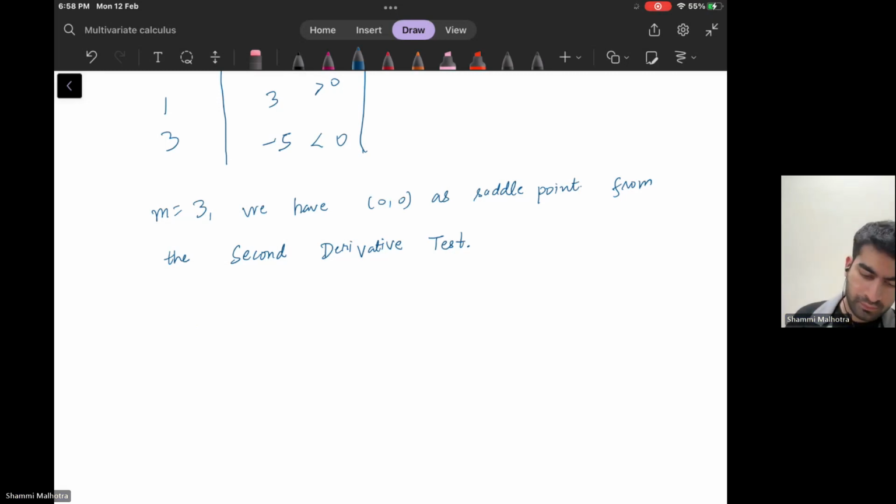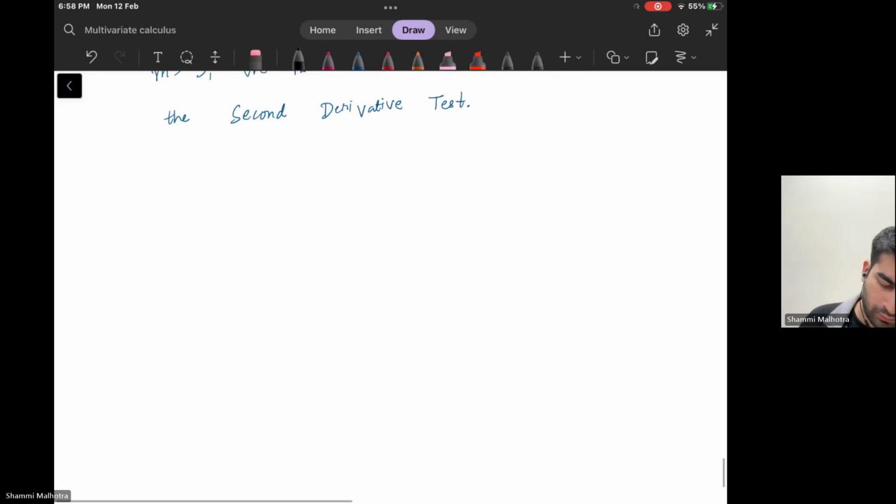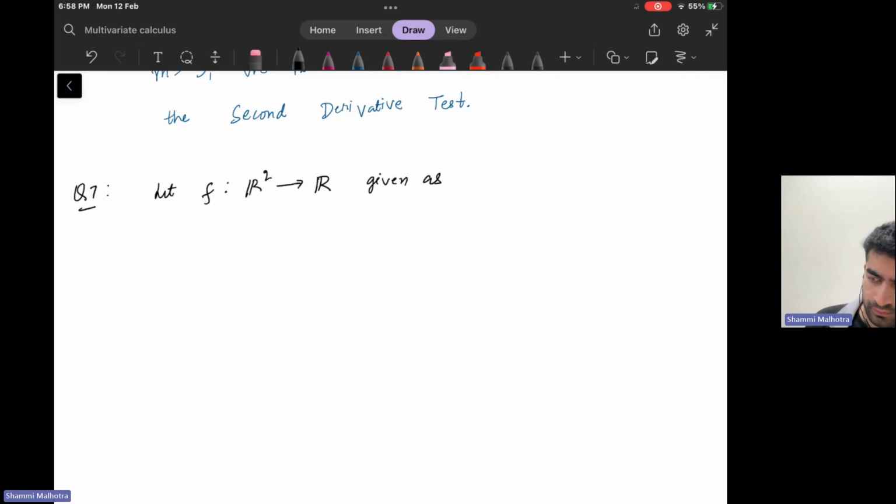Let f be a function from R2 to R, given as f(x, y) equal to x cube minus 12x plus y cube minus 75y plus 91.